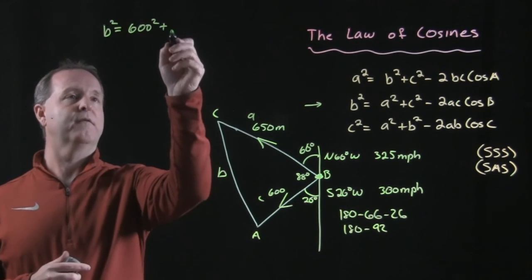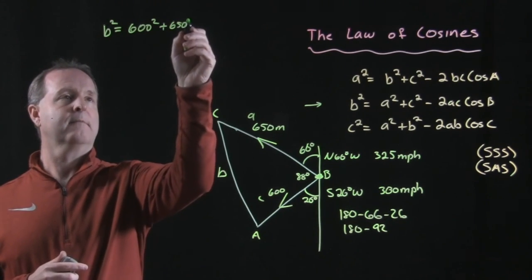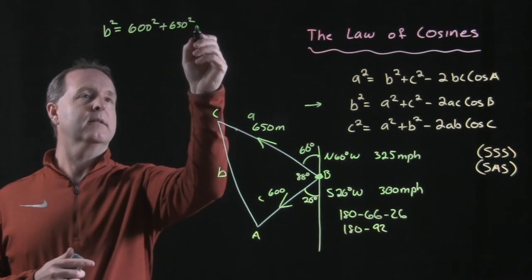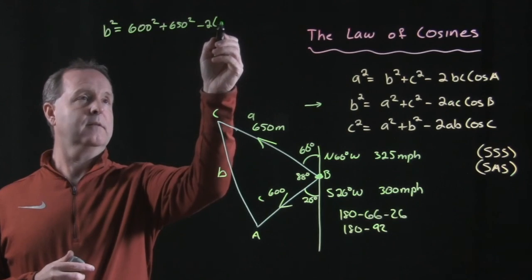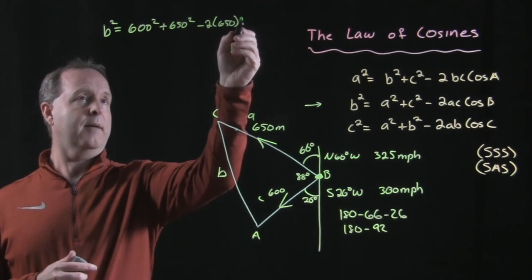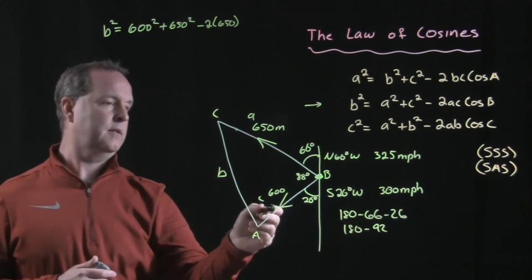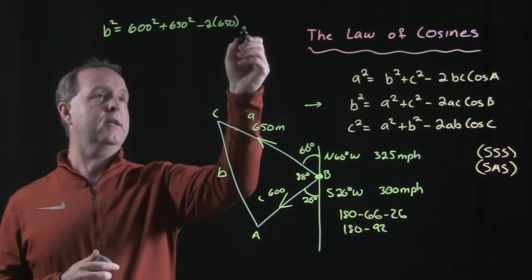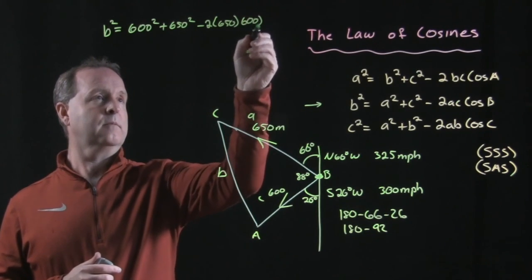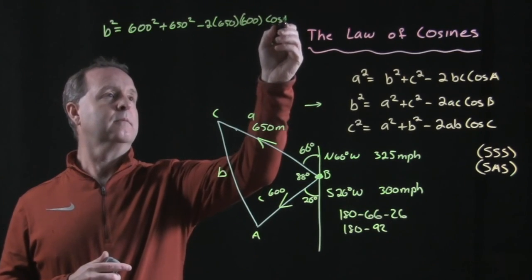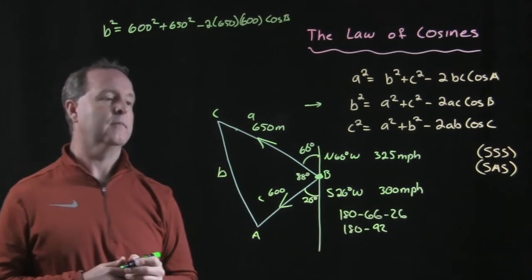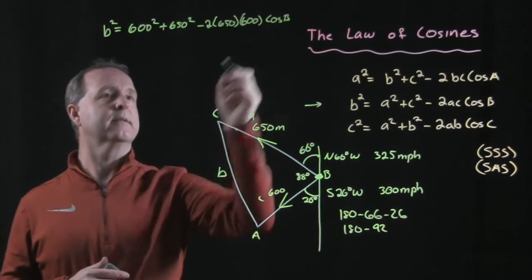My A squared is 650. Minus 2 times A, 650, times C, which is 600, times the cosine of B. Oh, sorry, and the cosine of B is 88 degrees.